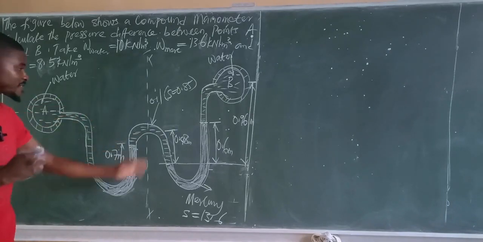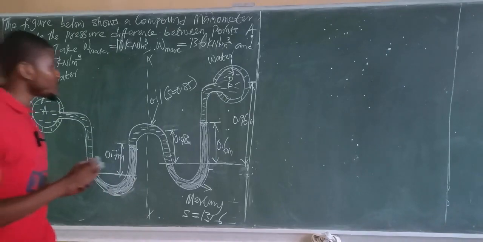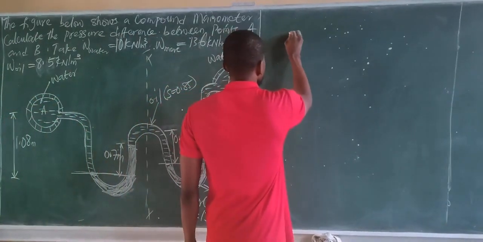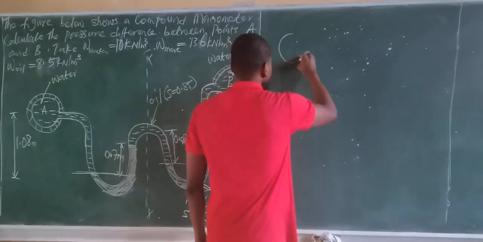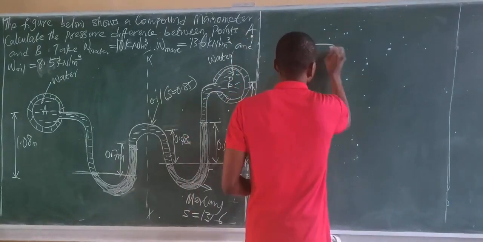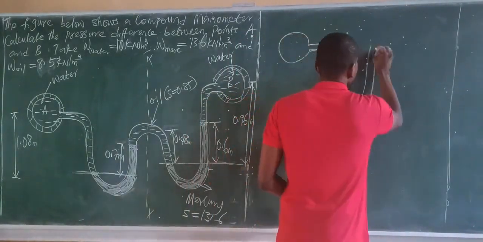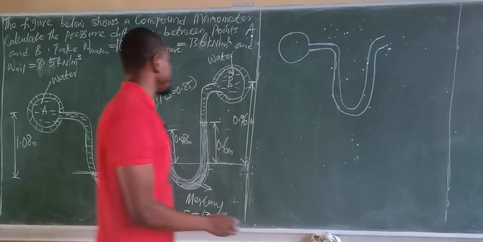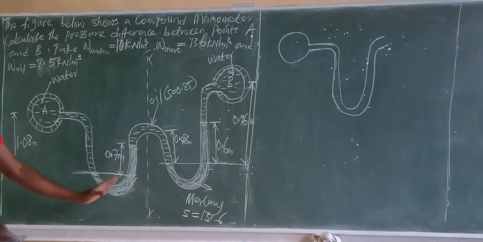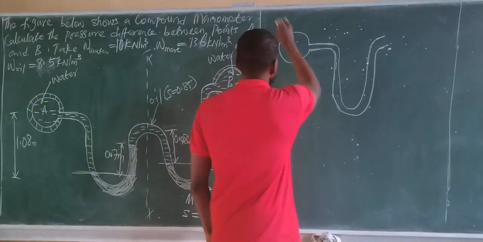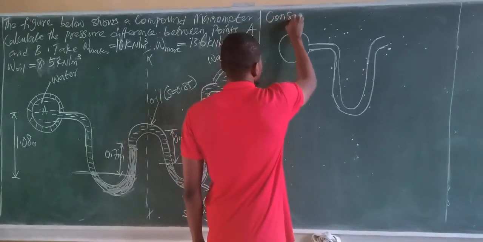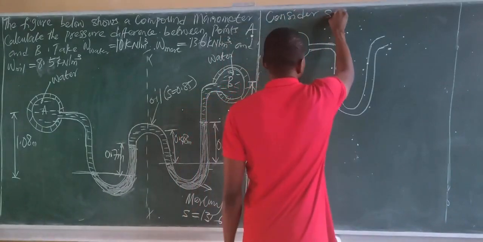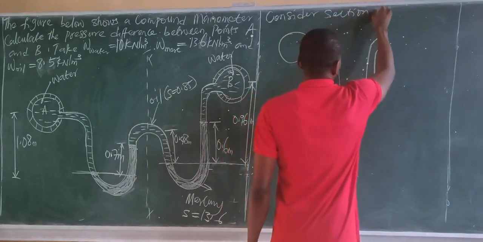So if I bisect here, what will I see? I will have something like this. Let me quickly draw this here. All right, so I will have something like this if I bisect here into two for this portion. So you simply say, consider section XX.